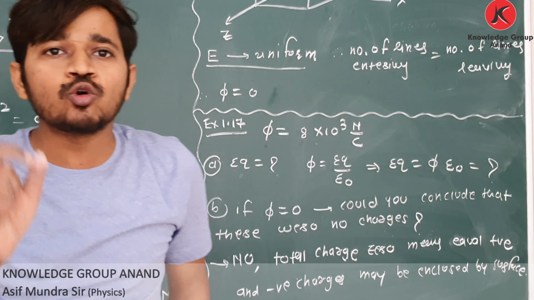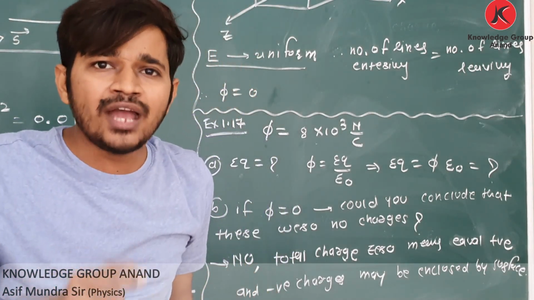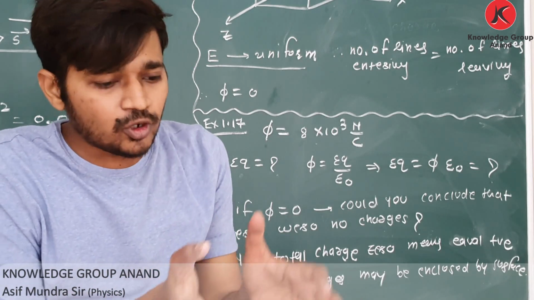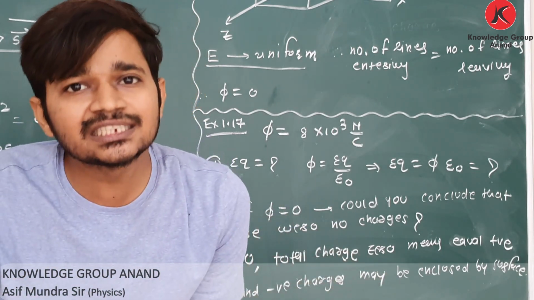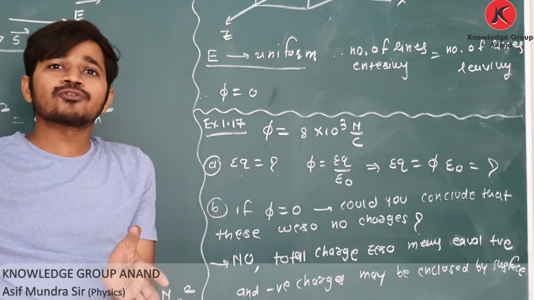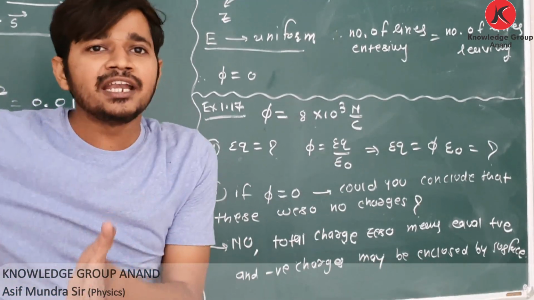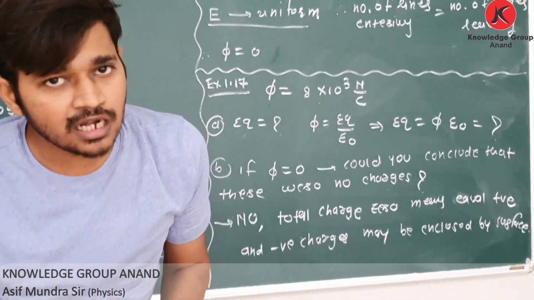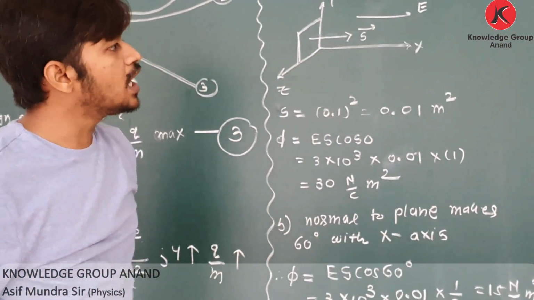Sigma q means total charge, and total charge is 0 when we have an equal amount of positive charge and negative charge. So flux is 0 if the surface encloses an equal number of positive charge and negative charge. Clear? So these are some questions from the exercise.